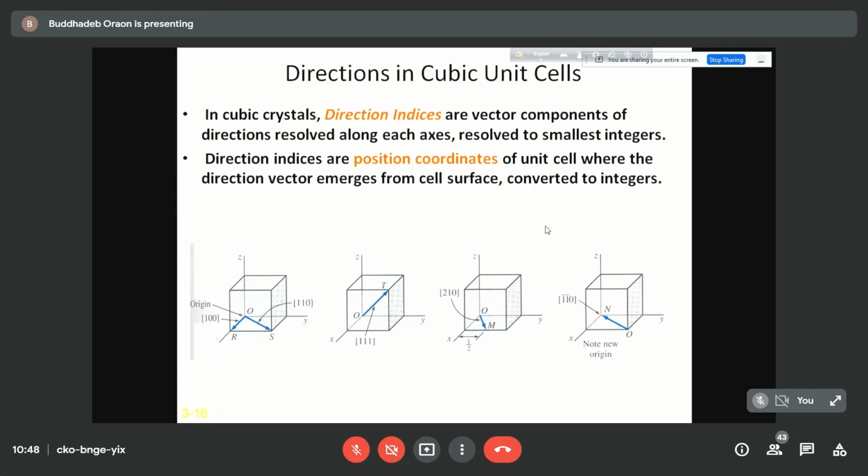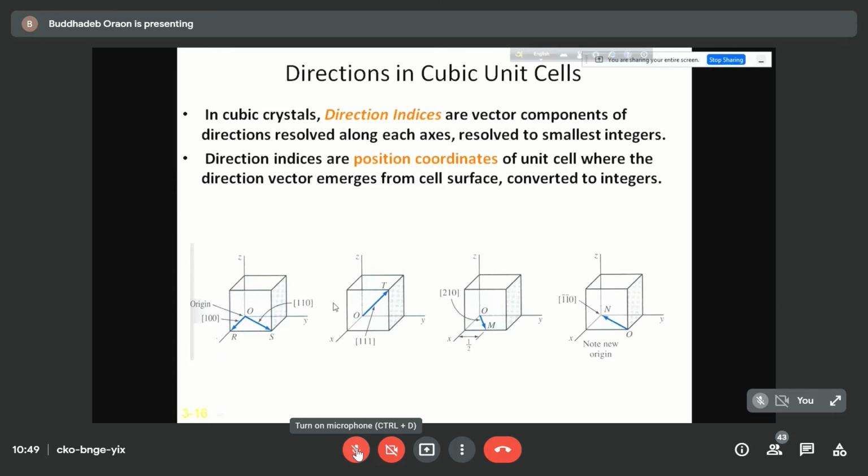If it comes in fraction, then that is to be converted into smallest integer. That is the idea. So directions are the position coordinates of the unit cell where the direction vector emerges from the cell surface and converted into integers. This point is to be kept in mind.